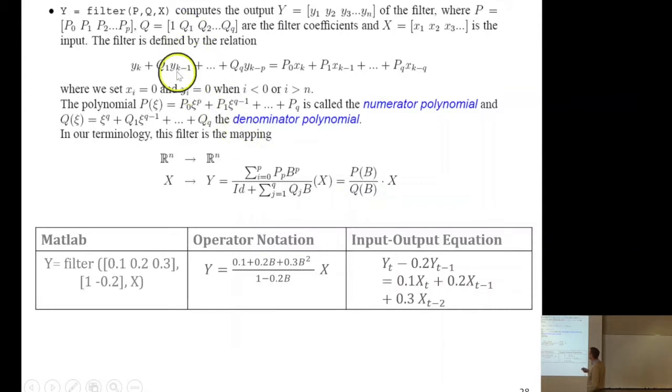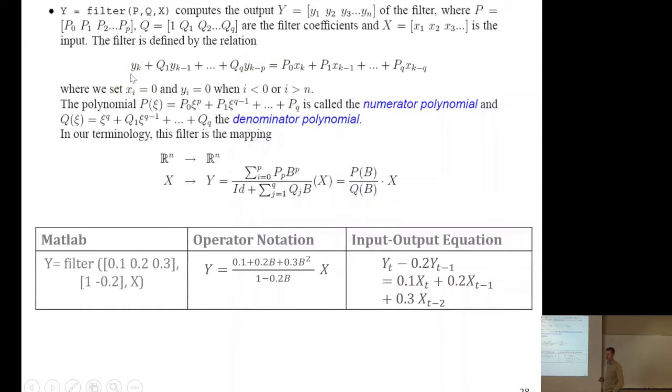I applied the filter function of MATLAB, and I'm sure in Python there must be a similar one. The syntax of the filter function gives you the P and Q, which are the coefficients of the moving average and the autoregressive parts, which are called the coefficients of a polynomial. And X is the input, so Y is the output. One way to understand it is to look at the input-output equation.